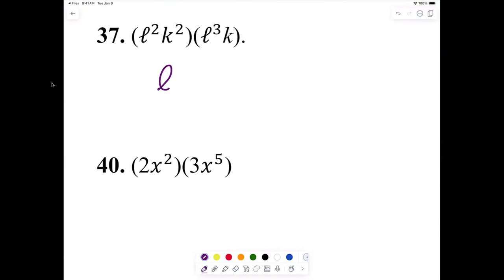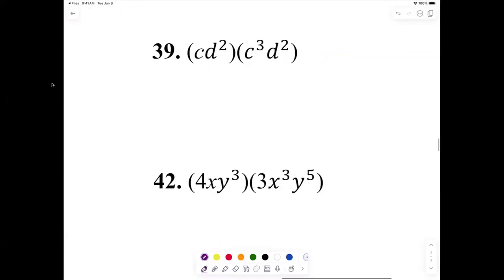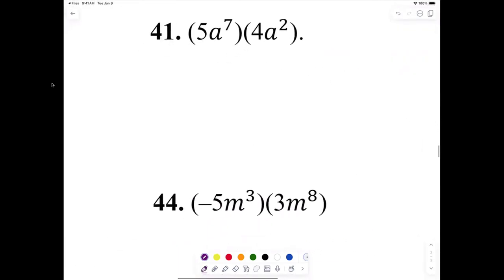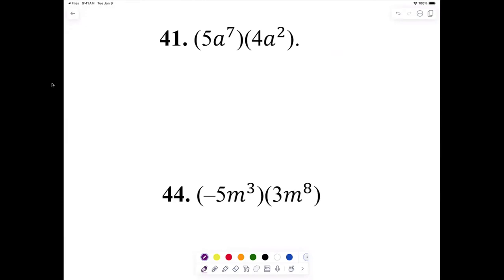Keep going. Perfect. L5, K3. Anybody got a problem with that? All right. 39, go. Brilliant. 41. What? Am I doing 40?